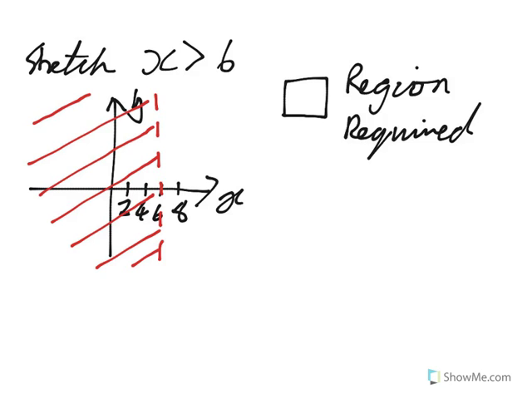Of course we can have more complicated questions than that, ones that involve both x and y. So let's sketch, say, negative y plus 3 is less than 5. There are a bunch of different ways we can look at this.